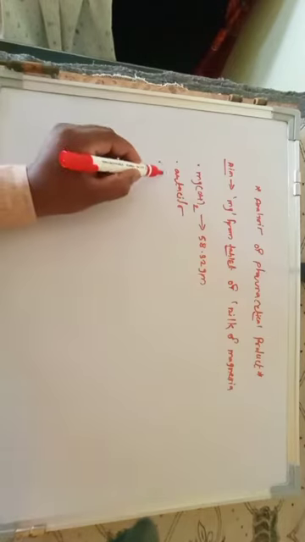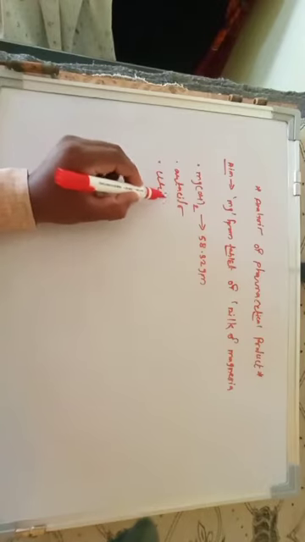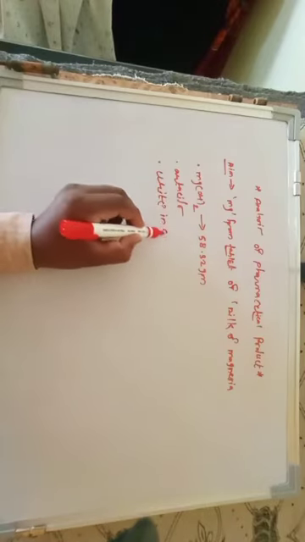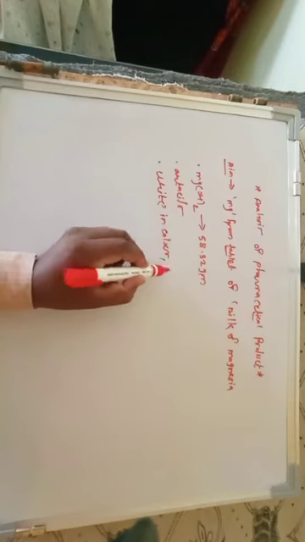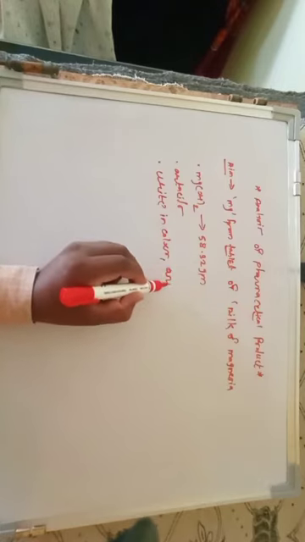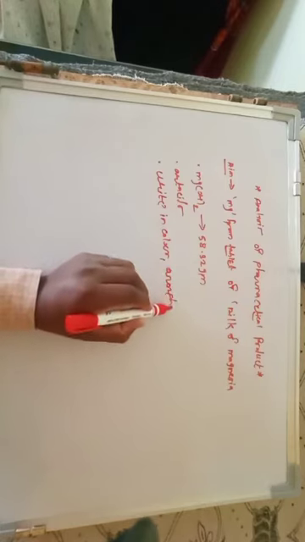If you consider its properties, magnesium hydroxide is white in color and it is in amorphous powder form.